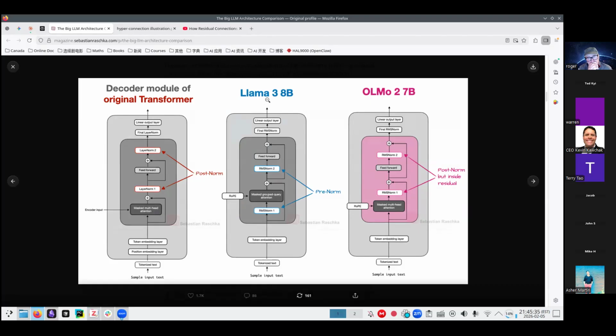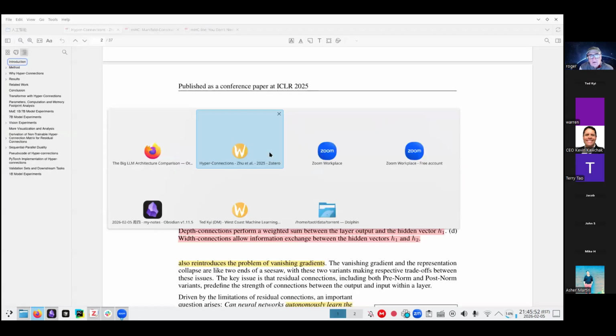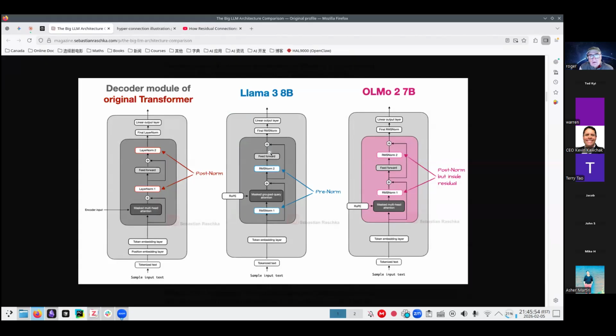It allows the gradient to flow in this residual stream from the deeper layers to earlier layers. So that's why it makes the vanishing gradients better.